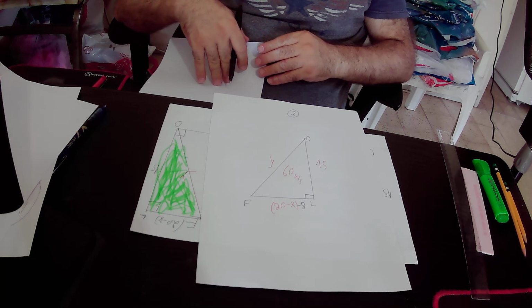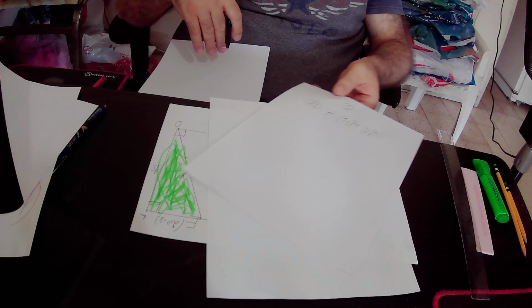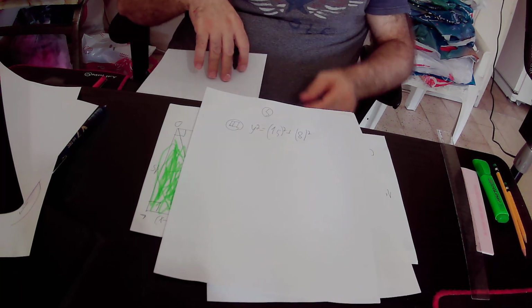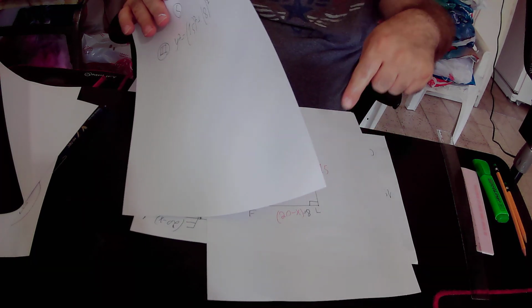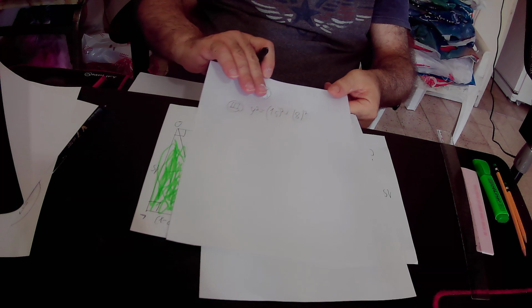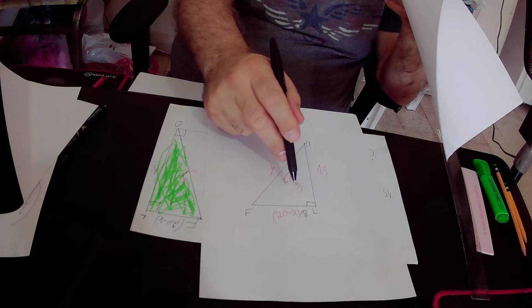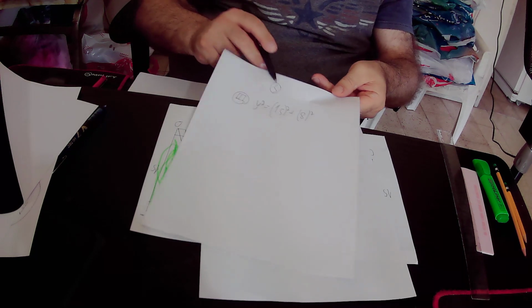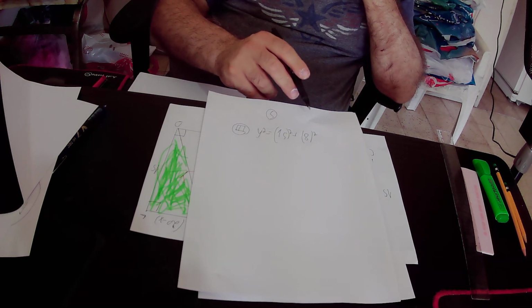Equation number 3 states that according to the Pythagorean theorem, the square of the hypotenuse, y square, equals the sum of the squares of the perpendiculars, 15 square plus 8 square. 15 square is 225 and 8 square is 64.